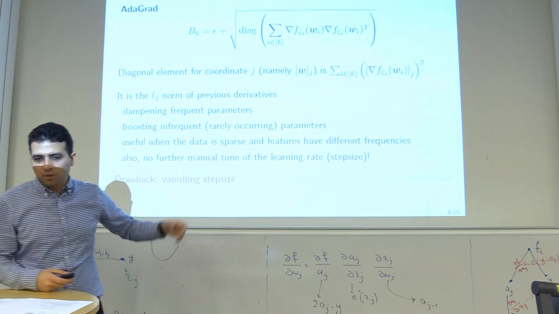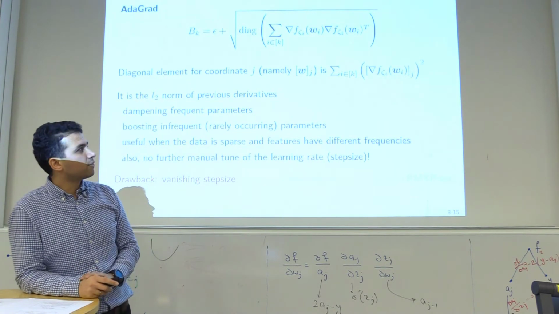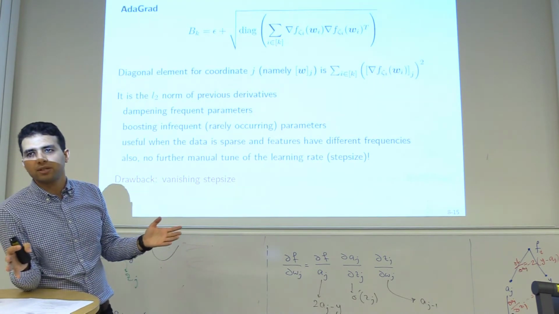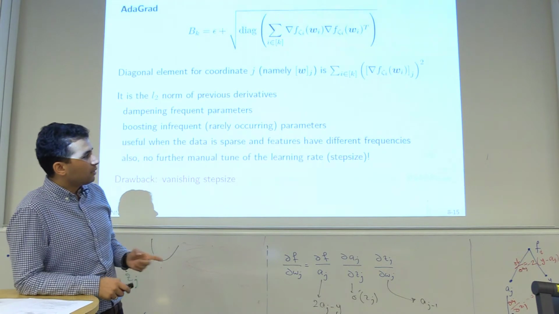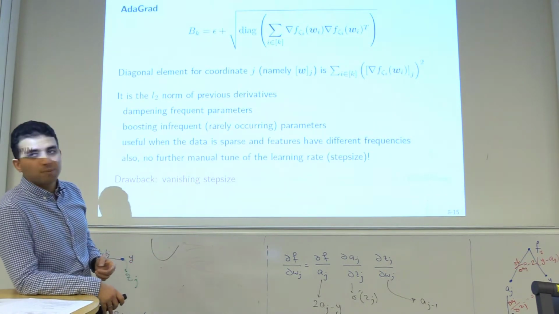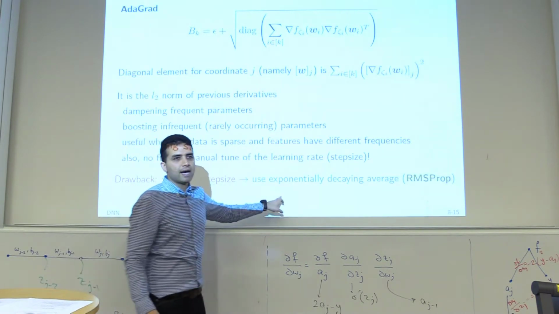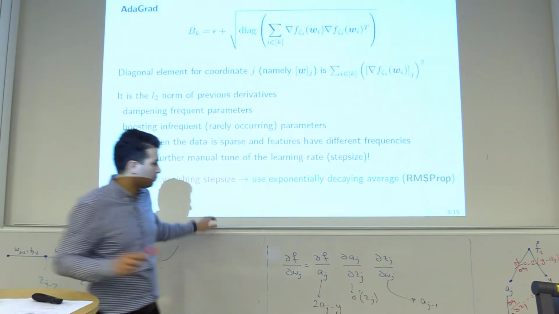So you can have some very simple heuristic algorithms here. One of them is fixing this to W previous iterations or K previous iterations instead of aggregating over all. The other one, which seems a bit more reasonable, is using an exponentially decaying average. Instead of summing up everything, what is the meaning of summing up?